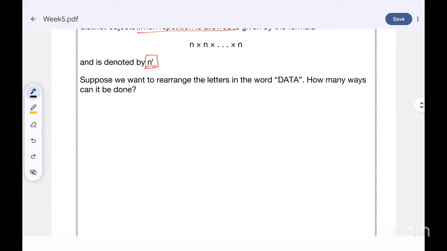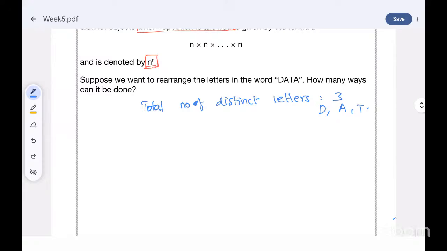How many distinct letters are we having? 3 distinct letters: D, A and T. So now here we have 4 possible boxes, but only 3 distinct letters.